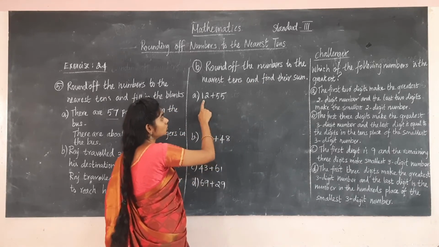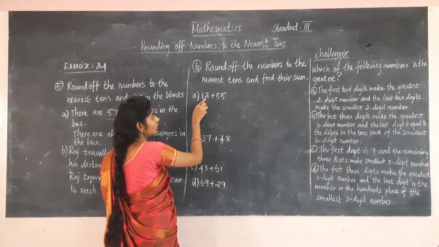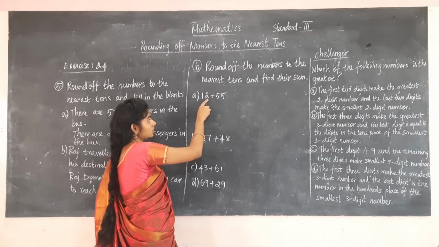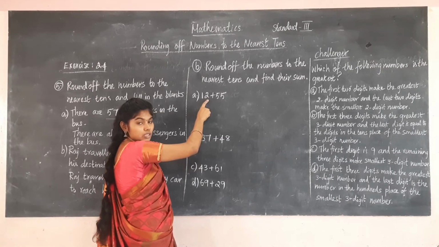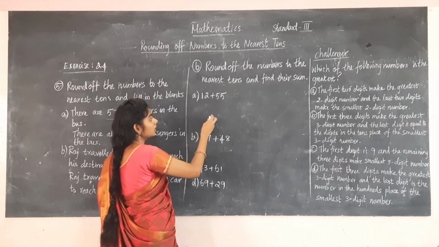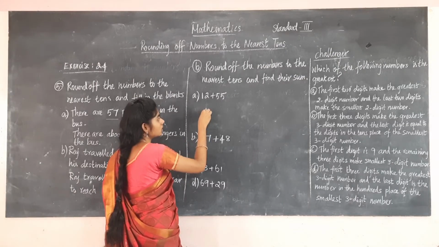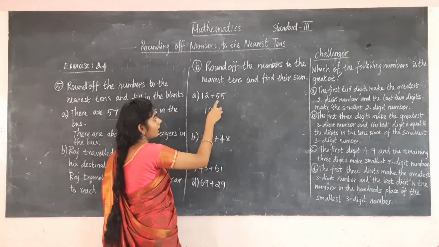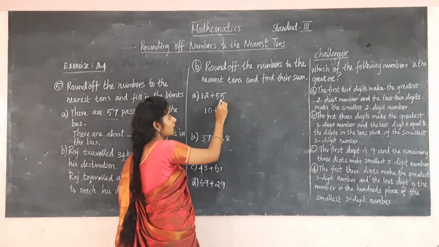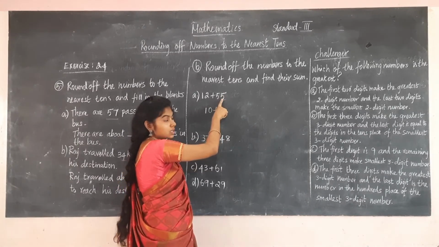First, what do we have to do? Round off the number. What is the number given here? 12. You have to check the ones place. What is given here? 2, which is less than 5. So less than 5 means you will be writing 0 in the ones place. So what is the number? 10. And you have to check the next number. What is given? 55. You will be checking the ones place, which is 5.